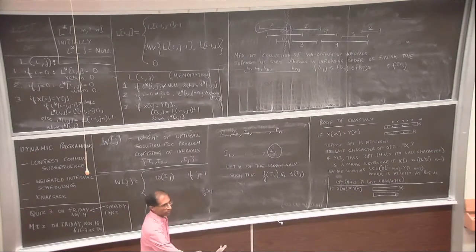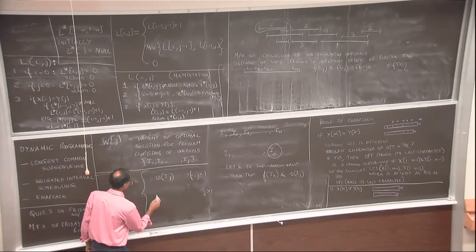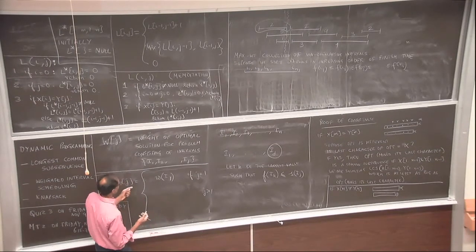Anything after k is not valid, because anything after k finishes after the point where j starts.